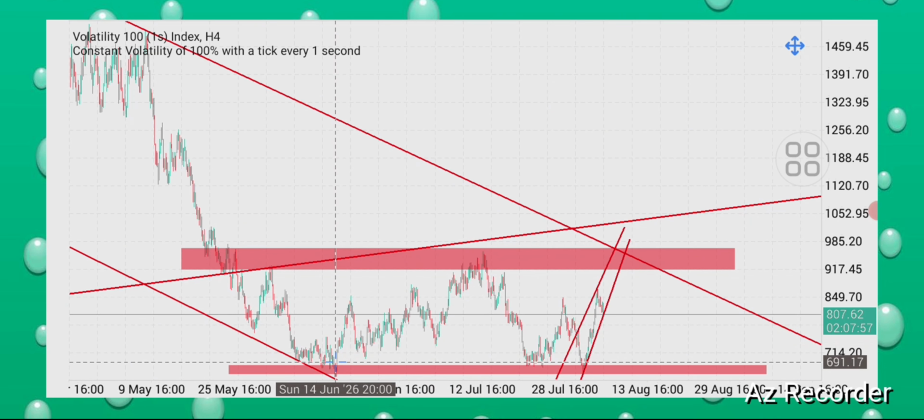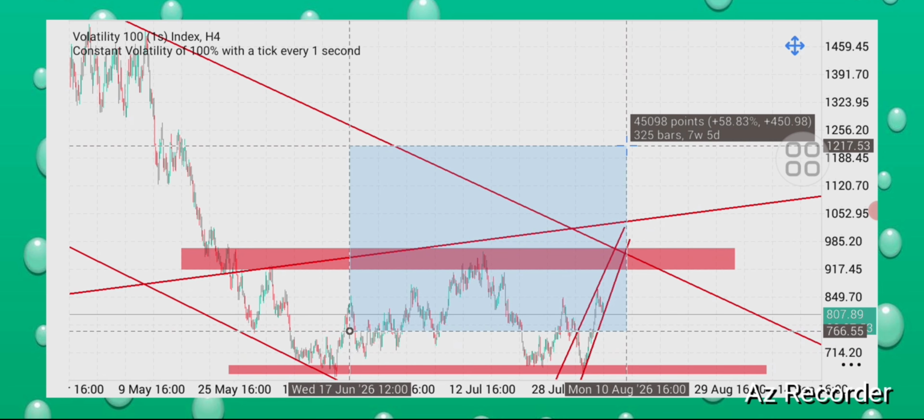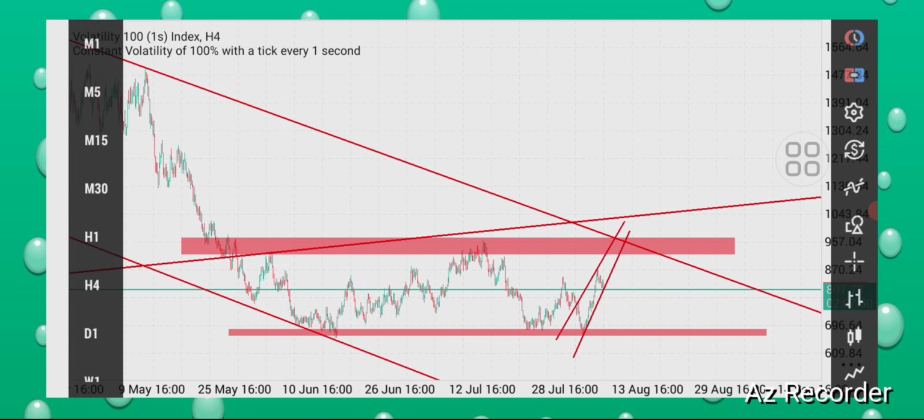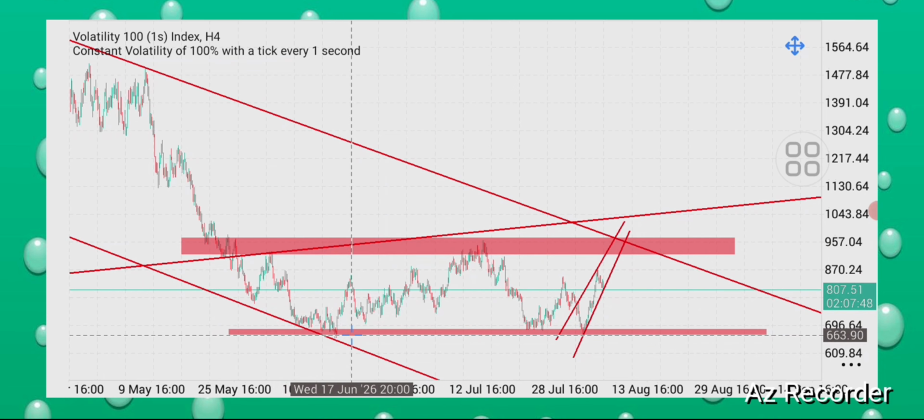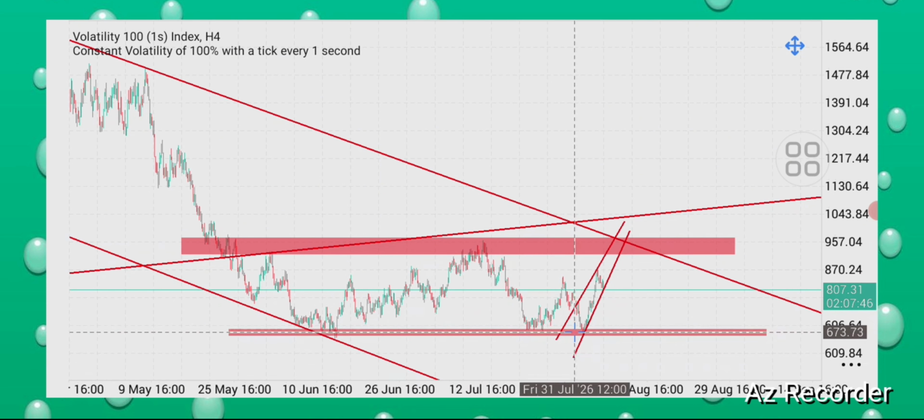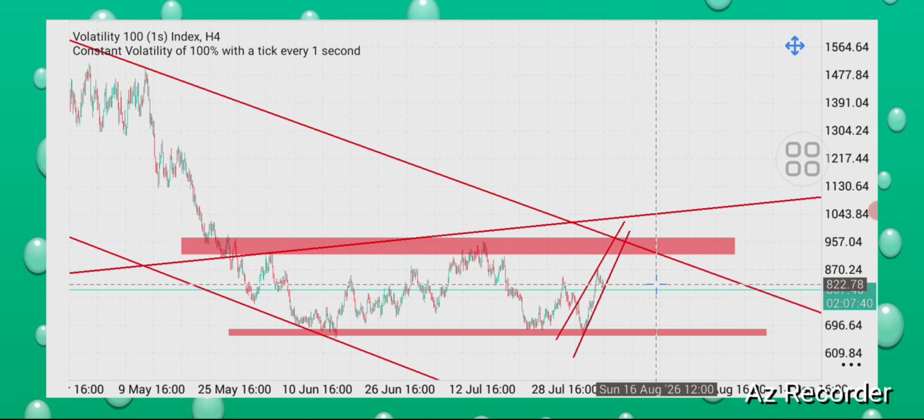Let me just expand it further. We can see from here, this is a support, another support, another support. This makes it an area of value where most trades are taken or closed.